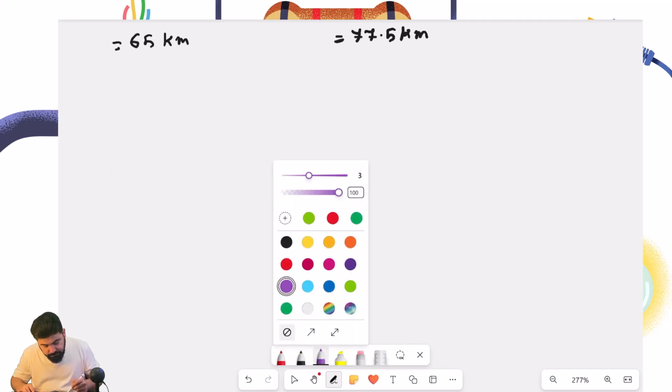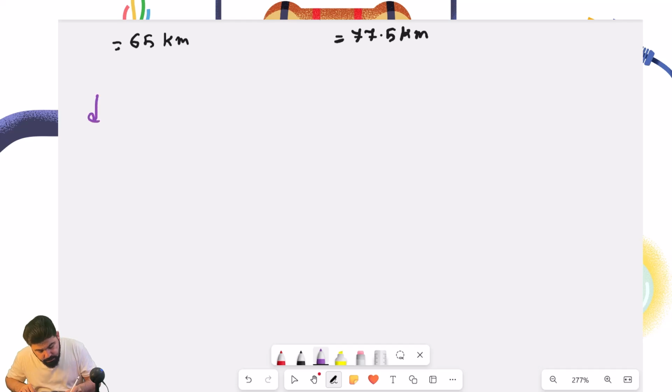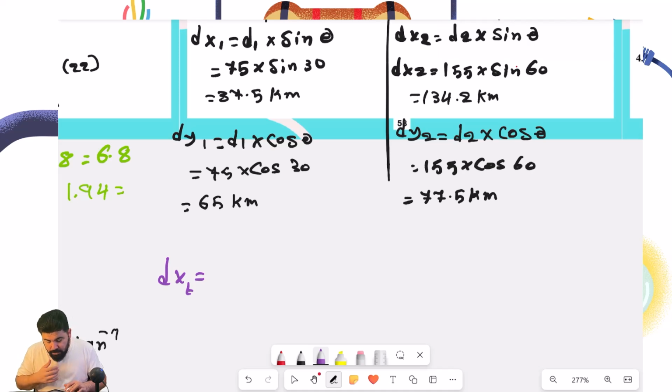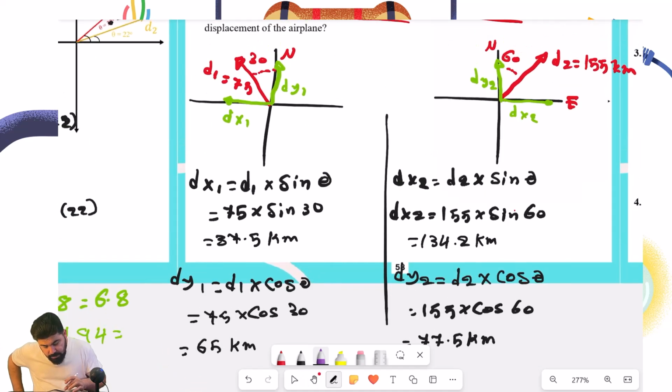Let me use a different color. Now dx total is equal to dx1, which is going to the left, or to the west, so don't forget to put negative 37.5.